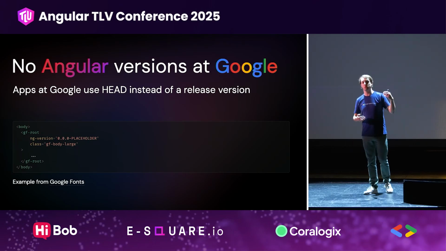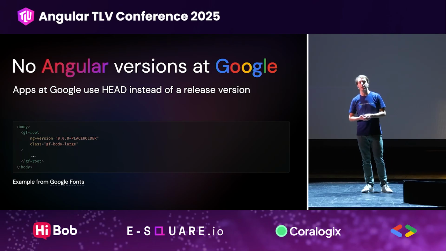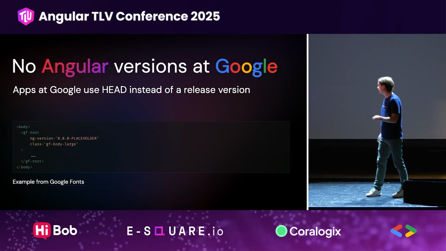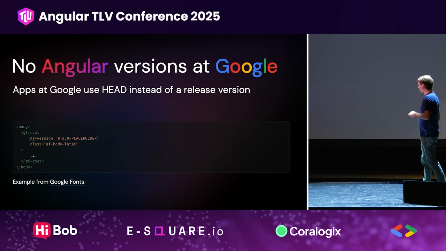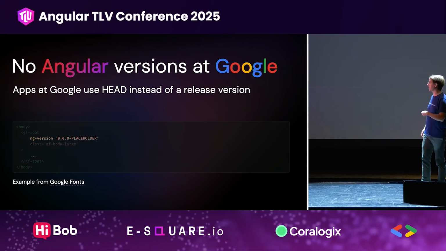So if you're curious and you want to check the version that is deployed for any of the Angular apps at Google, you check the DOM with the debugger, and you look for the ng-version attribute. You will see that ng-version is not the major you're used to seeing, like v19 something, v20 something.